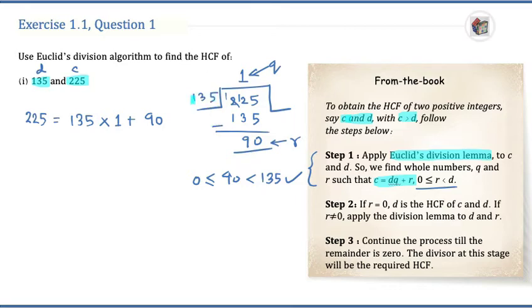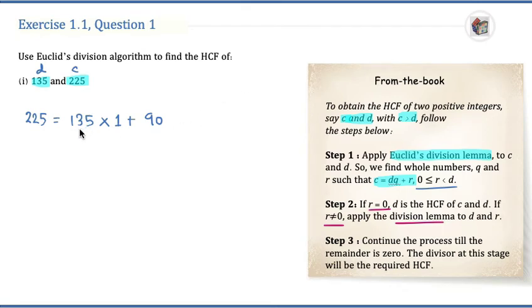D and R are the divisor and the remainder that I have. Now as I see here from step 1, my remainder really is non-zero. So I'm not done yet. It was if it is 0, then D is the HCF. But if not, you apply the lemma one more time to D and R. So I have to apply it one more time to 135 and 90. So let me erase this one first.